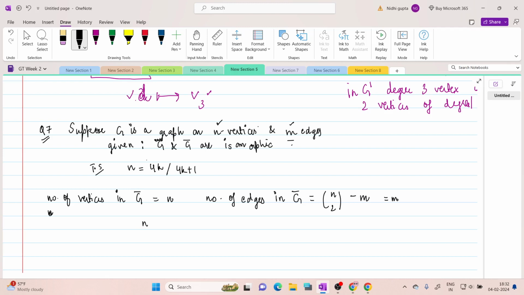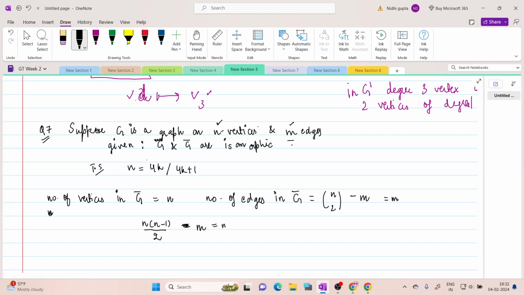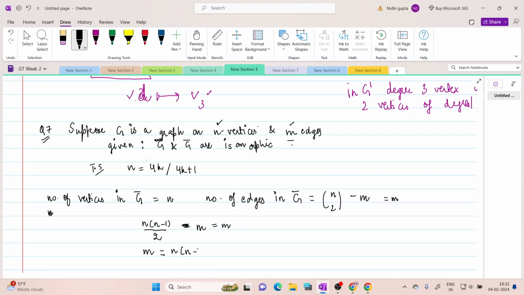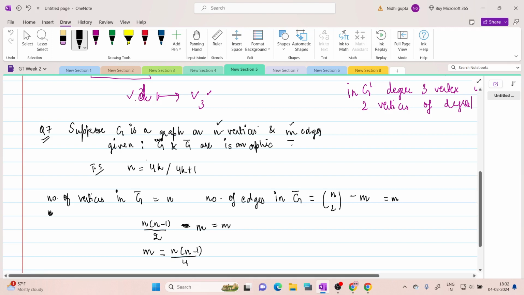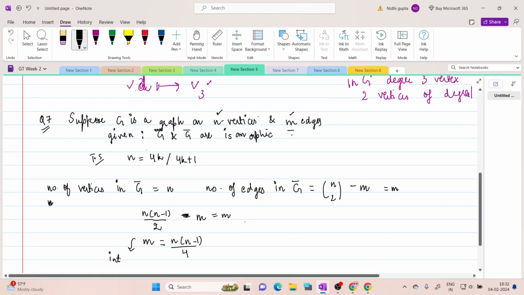So we get that NC2, which is n into n minus 1 by 2, minus m is equal to m. So we get that 2m is n into n minus 1 by 2, and then we divide, so m is equal to n into n minus 1 by 4. Now, this m is an integer. So did we now get what we wanted?